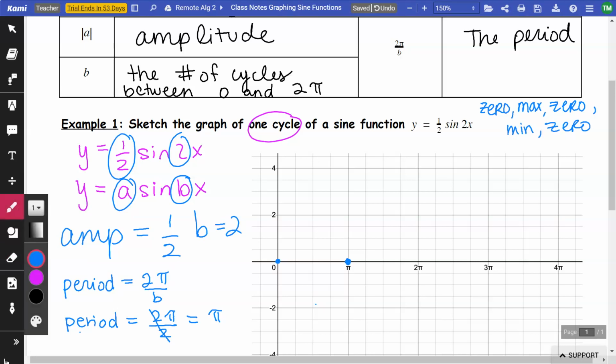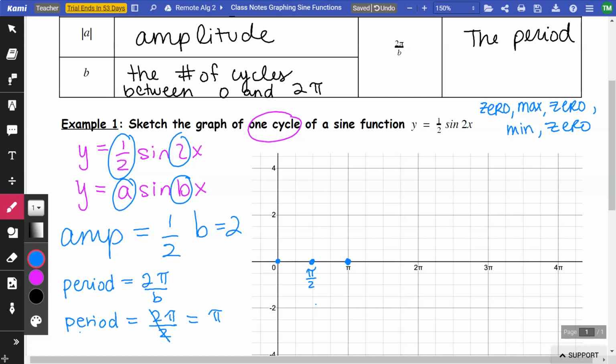So we've got the first 0 and the last 0. So in between these two, there must be another 0, halfway in between. So 0 to pi, halfway would be pi over 2. Then halfway between 0 and pi over 2 is our maximum.